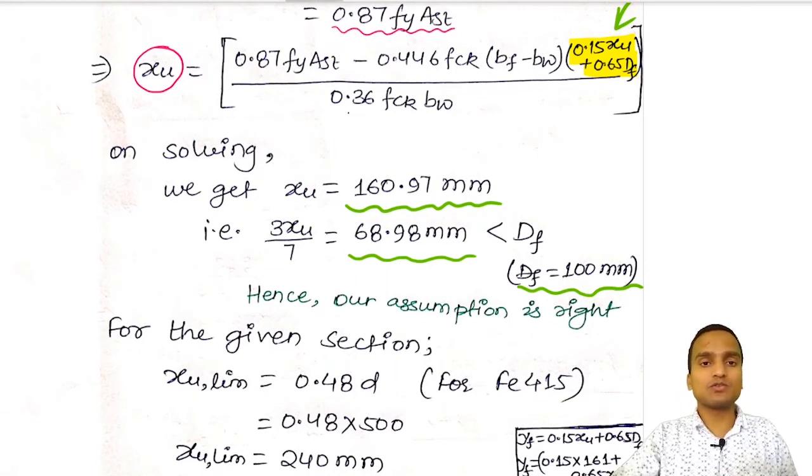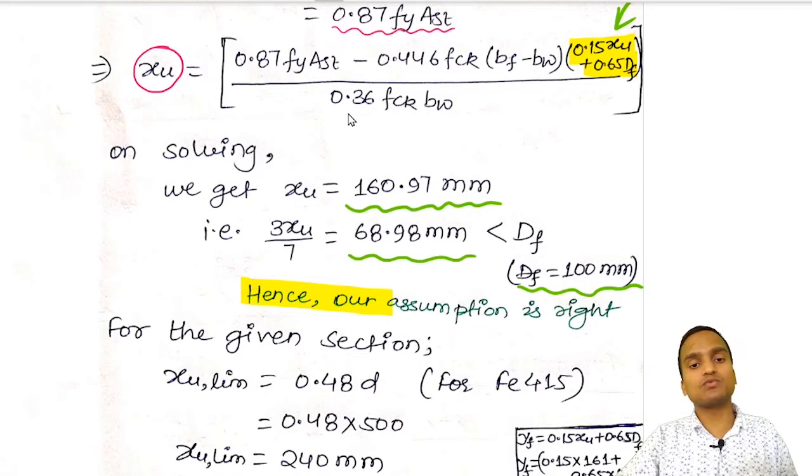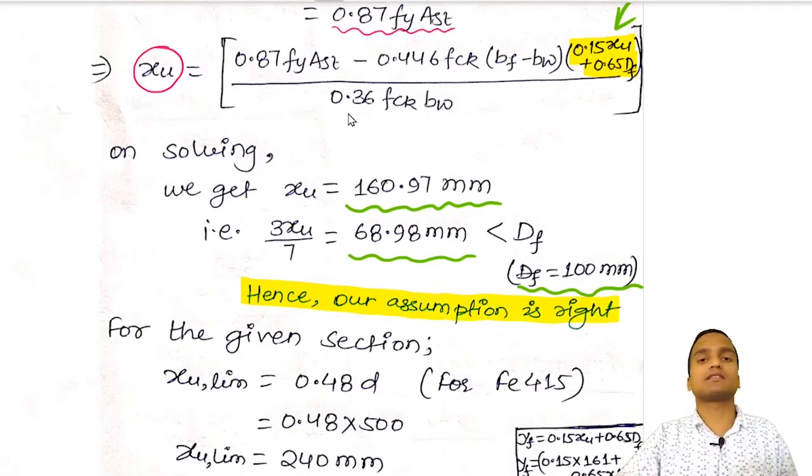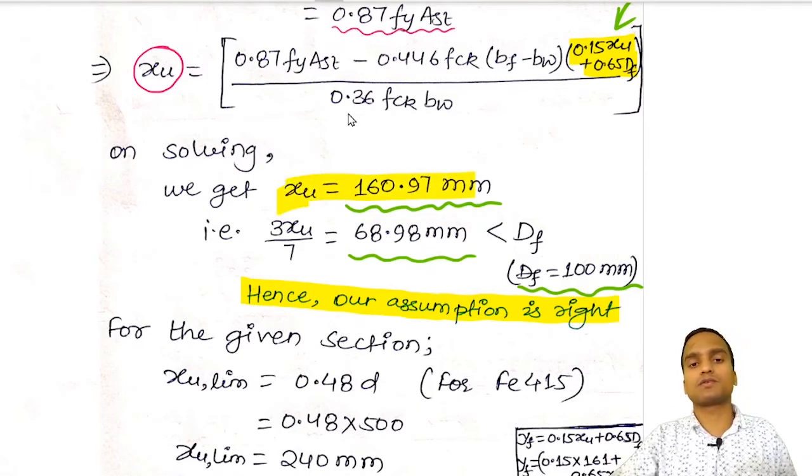We assumed that our flange is non-uniformly stressed, and 3xu by 7 is less than the depth of flange, and this comes out to be right. So our assumption is right, and we can choose this value of the depth of neutral axis xu as our answer.